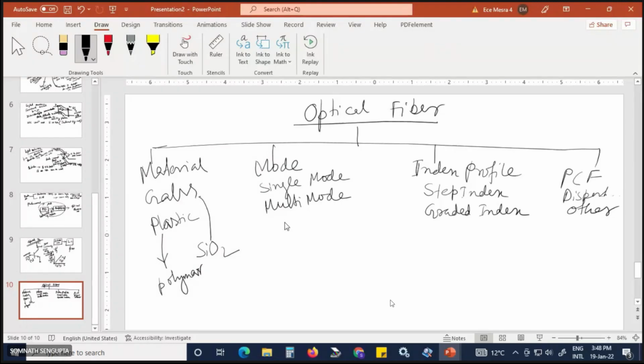Glass fiber has low loss and polymer fiber is lossy, but some advantage is there. Glass fiber is used for long distance because loss is less, and plastic fiber is used for short distance.